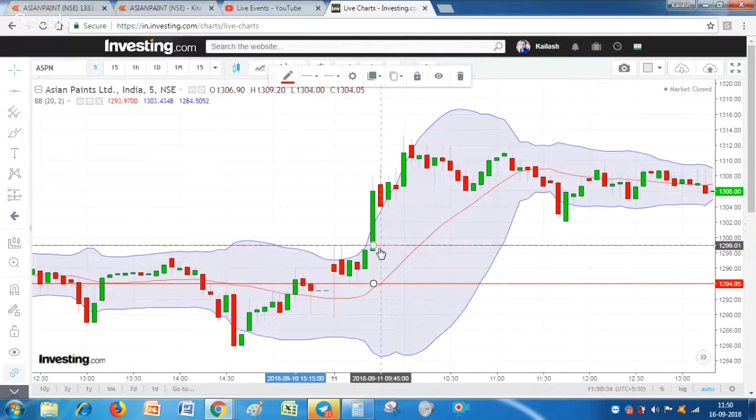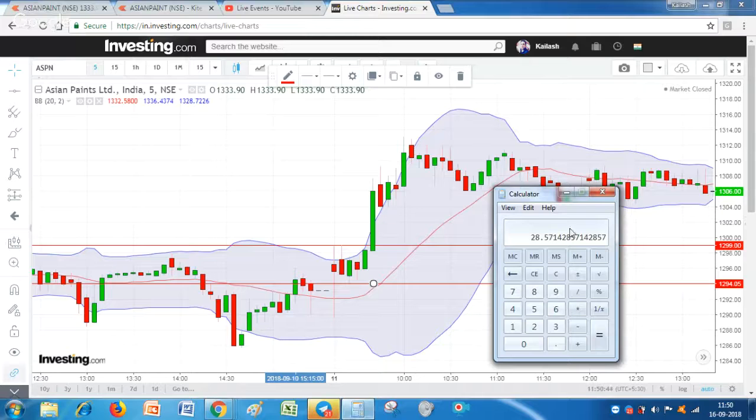So if there is a stop loss of 6 rupees, we should again do that calculation, that is 200 rupees divided by, sorry friends, suppose I'm taking an example that we have 10,000 in our trading account, and we don't want a risk of more than 2% of total trading capital.